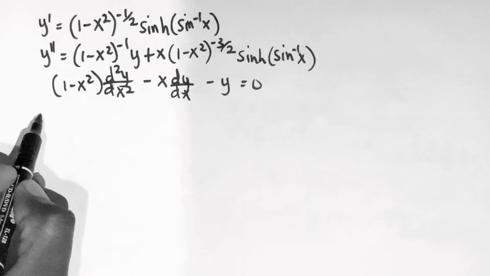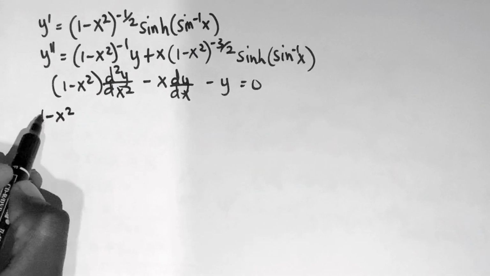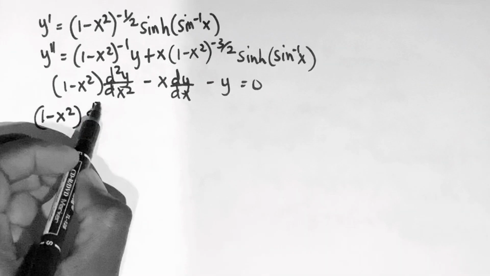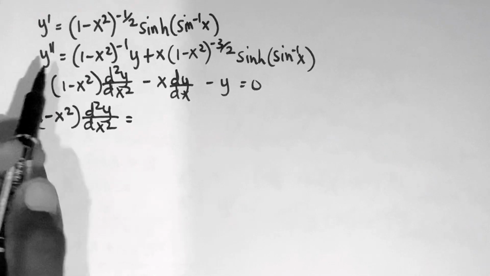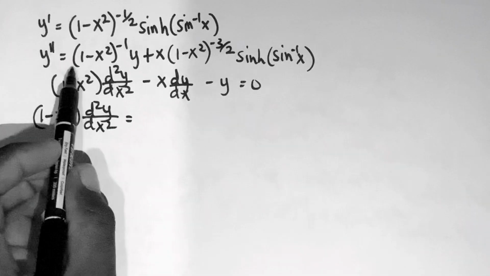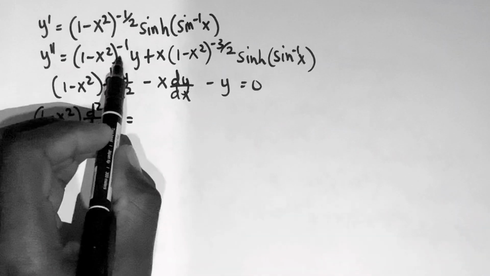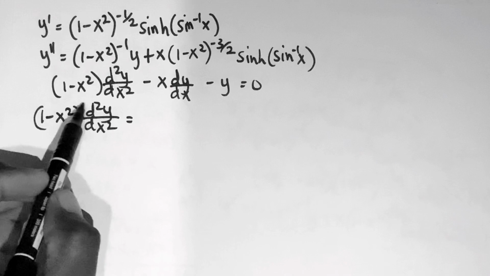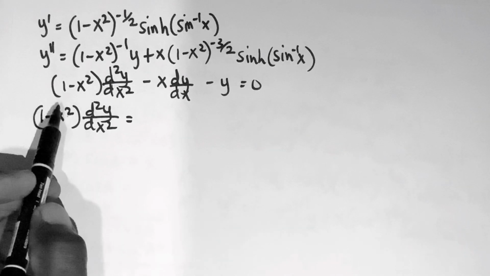So 1 minus x squared times d squared y dx squared is equal to, now wherever we see, we multiply by this term. So if we multiply by 1 minus x squared, here's 1 minus x squared, so here's exponent minus 1, and here's exponent 1. So that will cancel out to give us 0.